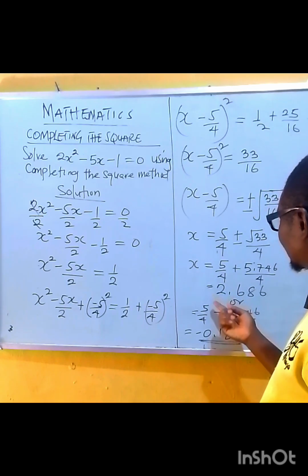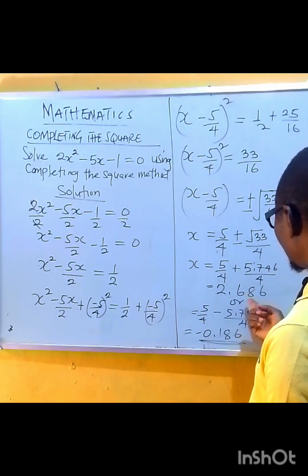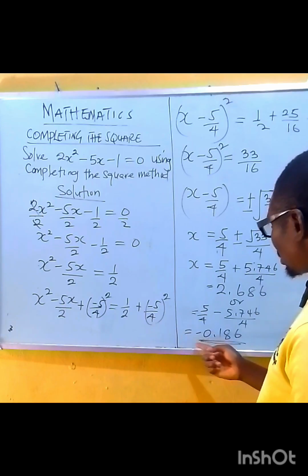So the value of x is 2.686 or minus 0.186.